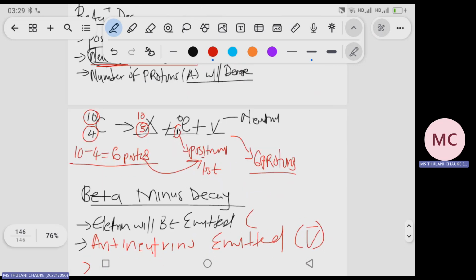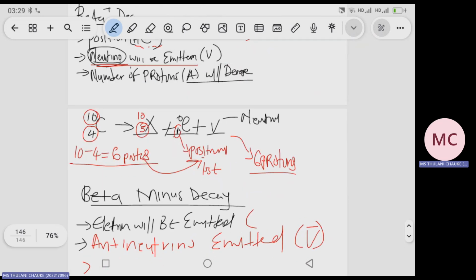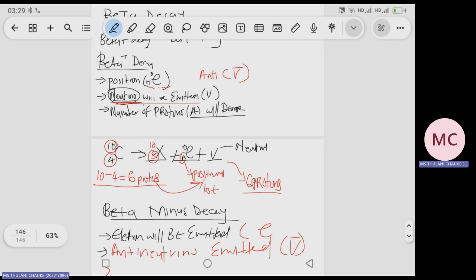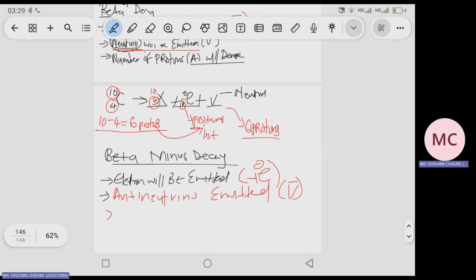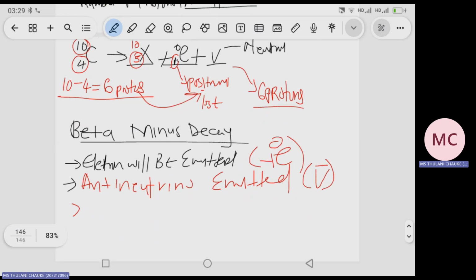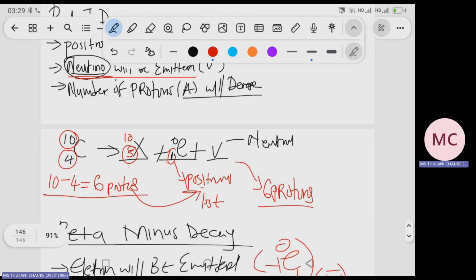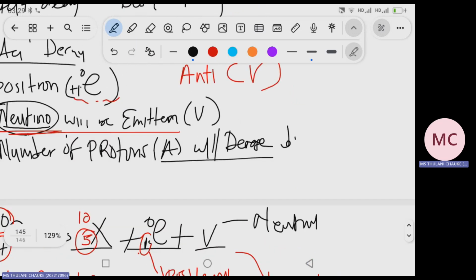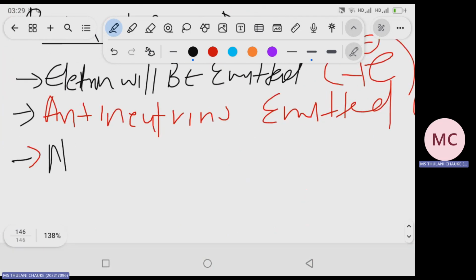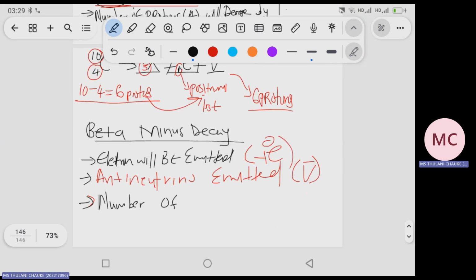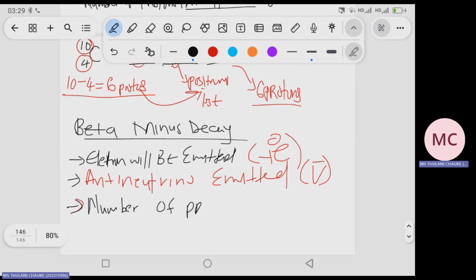Then here the symbol will be E, 0, minus 1, and the number of neutrons will decrease by 1. The number of protons will increase by 1.